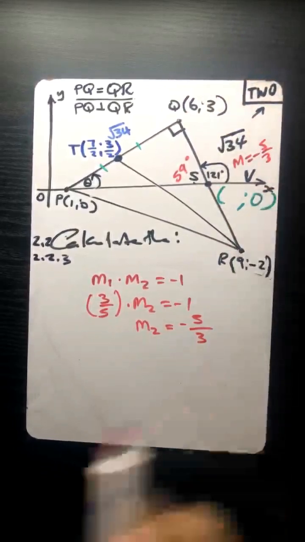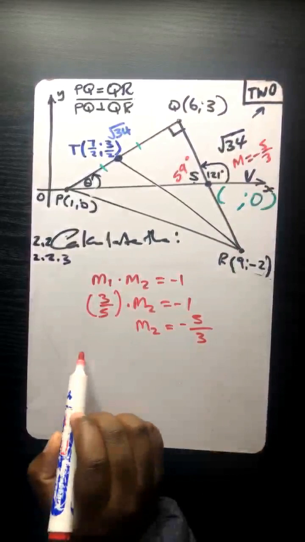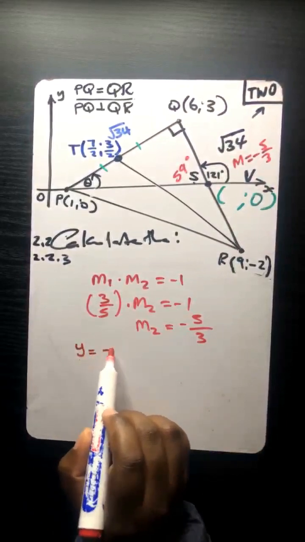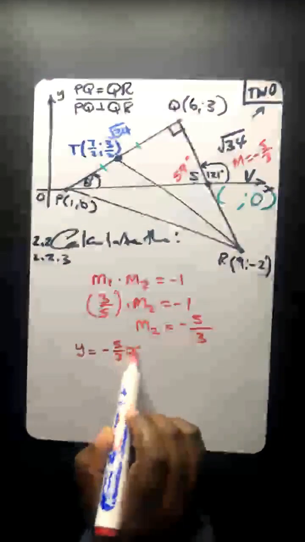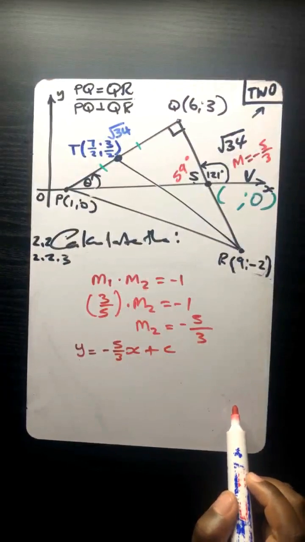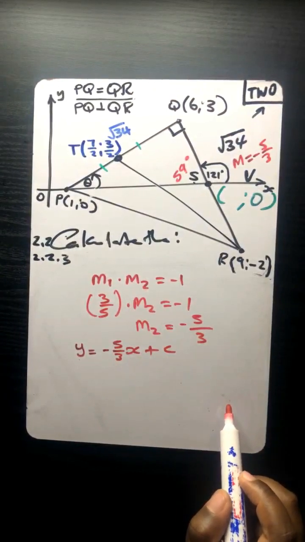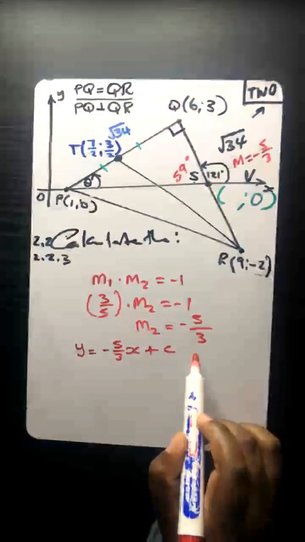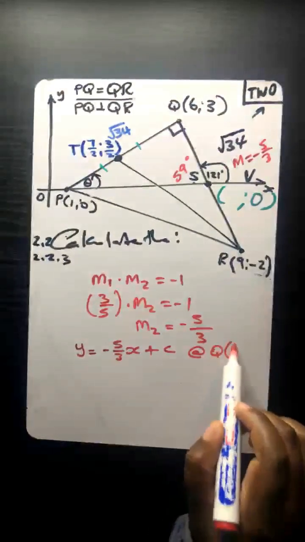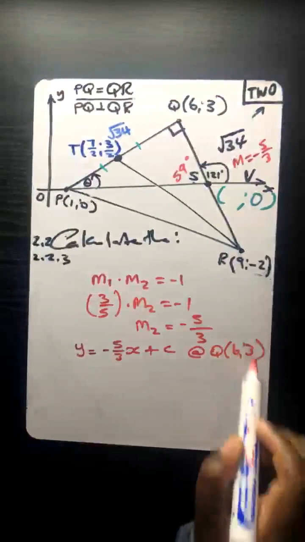So now that you've got the gradient, we know the format is y equals -5 over 3 x, plus c. You can use one point to calculate c. Maybe use point Q, because it has positive values, avoid using negative values.